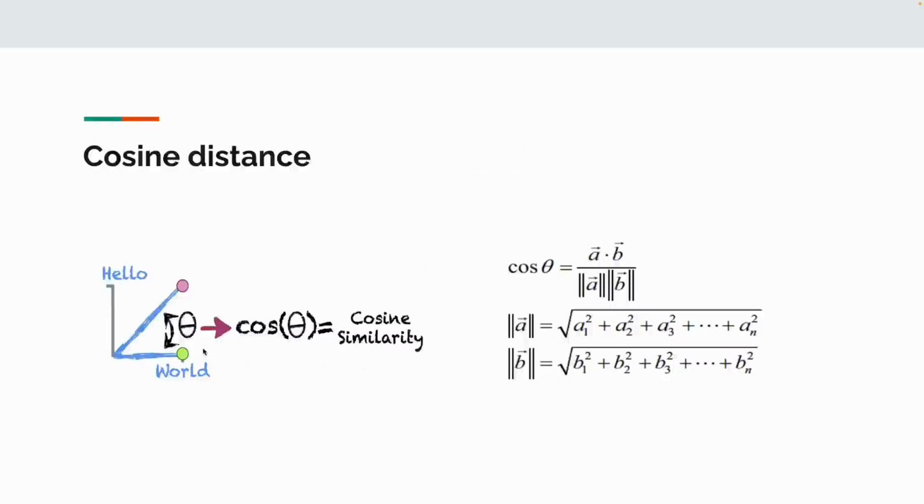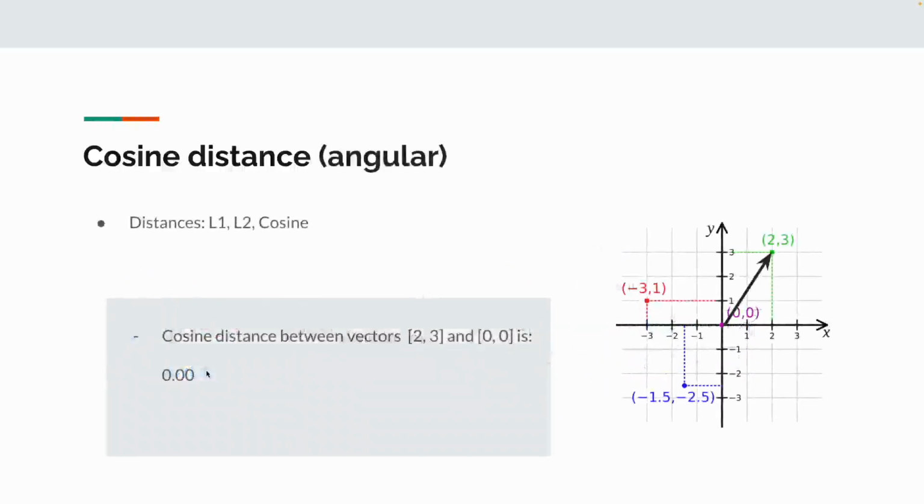So imagine that we have 2 vectors A and B, and then the cosine distance will be estimated by taking the dot product of A and B and dividing by the corresponding norm of each vector A and B. We'll be learning about how to do the dot product and how to do the norm estimation in another video, okay? If you have one vector 0, 0, then the cosine distance becomes 0, okay?